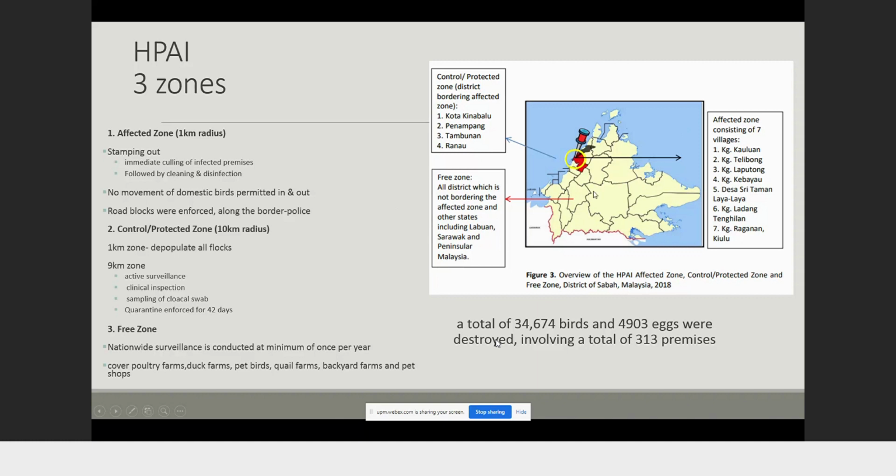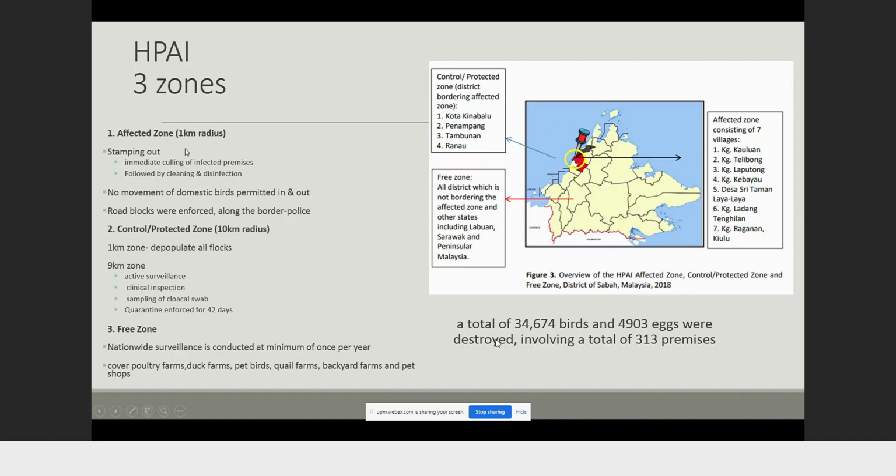If you go to each regional DVS office, if you go to Selangor, they will have maps of Selangor. If you go to Kelantan, you will see the map of Kelantan, and on their boards, they have these zones. And if any outbreak happens in any particular zone, they will do this kind of zoning.